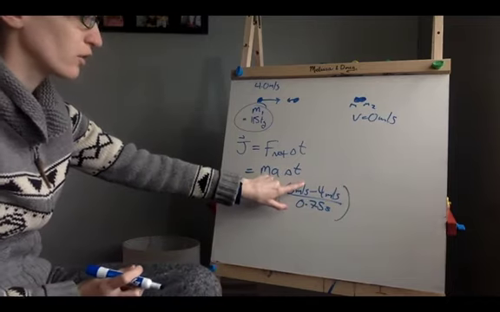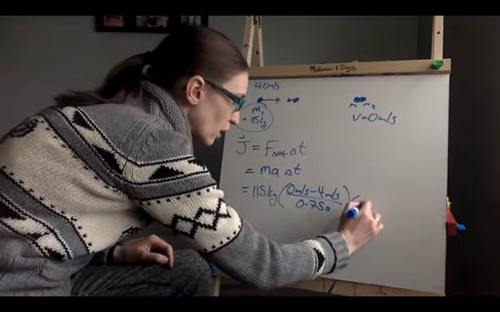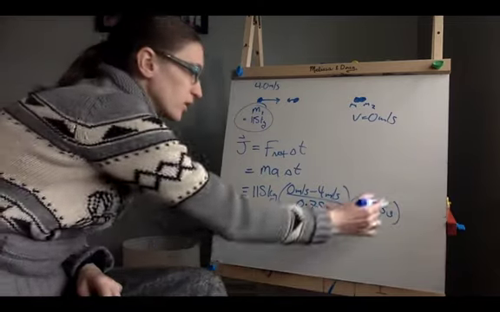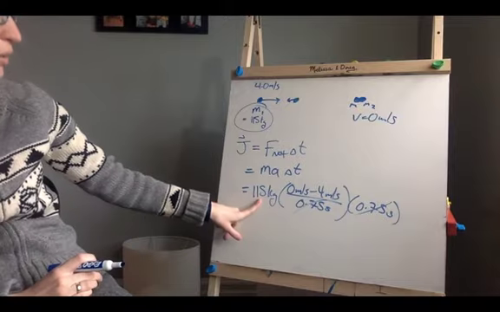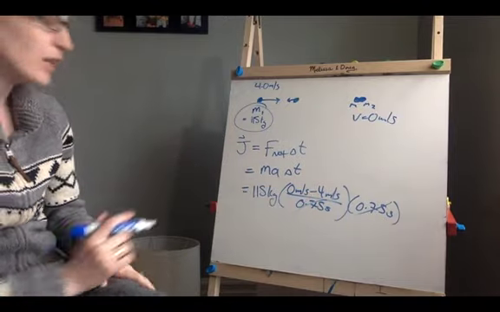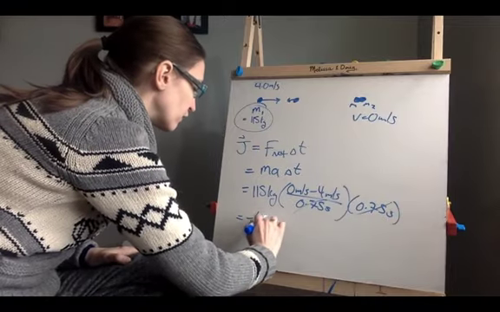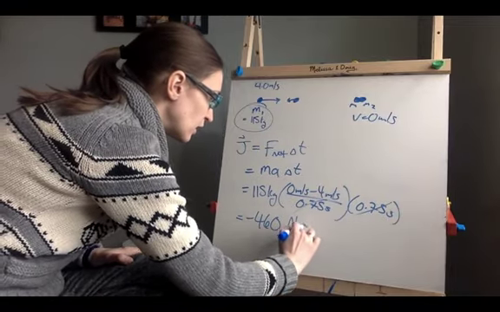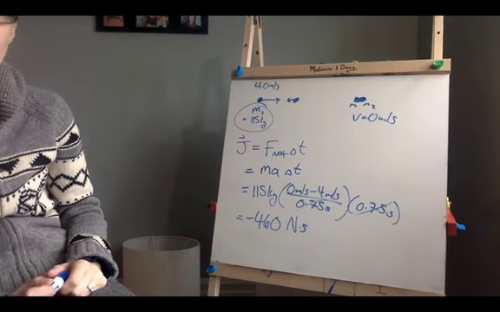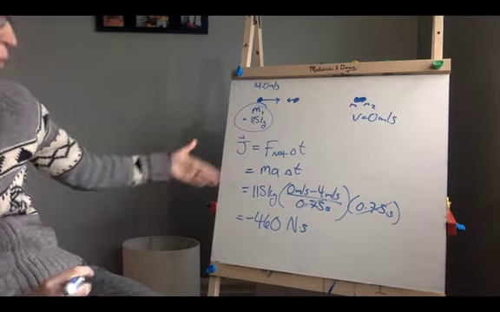That's your acceleration, and then you multiply that by your change in time, 0.75 seconds. You quickly realize that these cancel out, and then I'm just multiplying 115 by -4, and you get a value of -460 newton seconds. So that's one way you can do this.